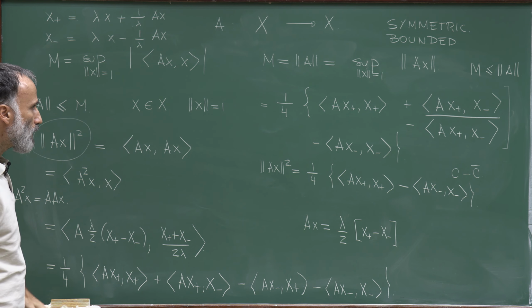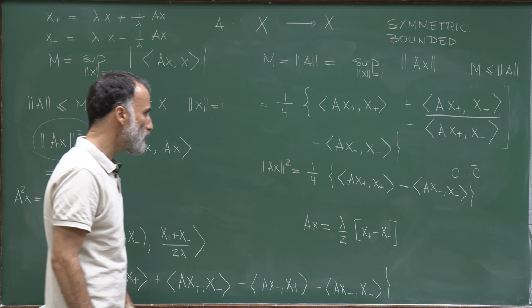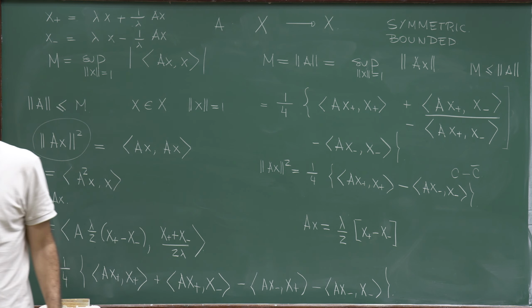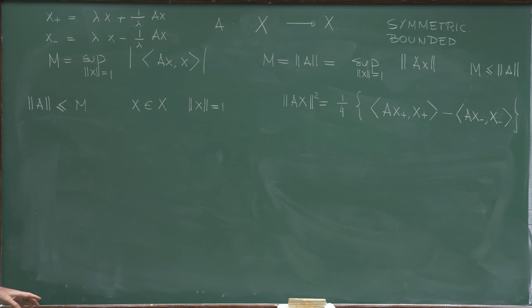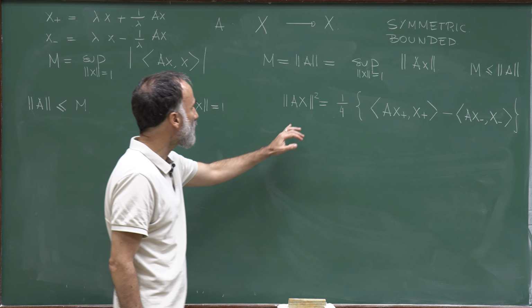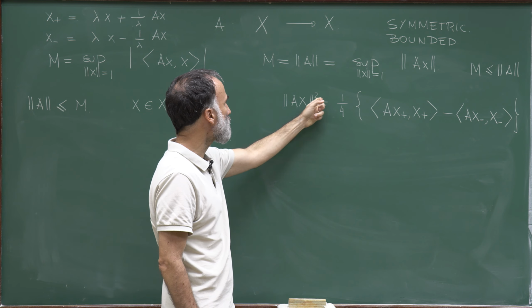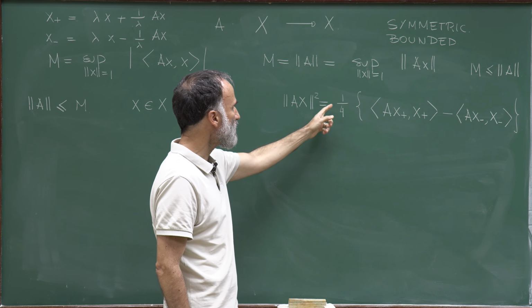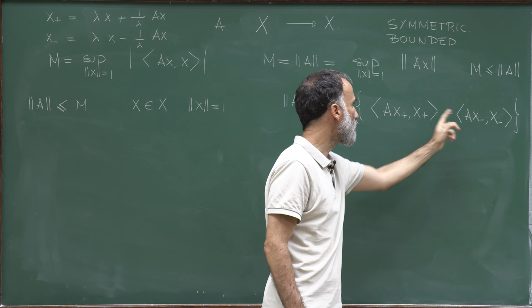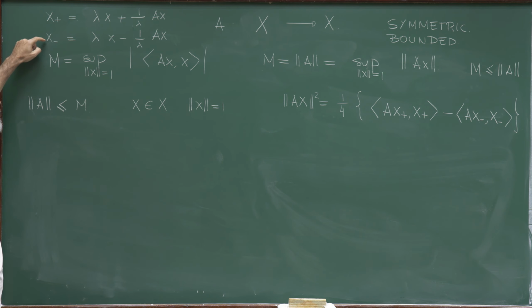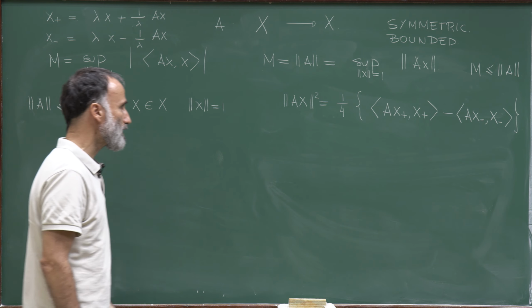So what I will do now is that I will erase everything and start from this identity. I kept the identity which we obtained, so that the norm squared of ax is equal to 1/4 of this expression, where x plus is given by this sum and x minus by that sum.